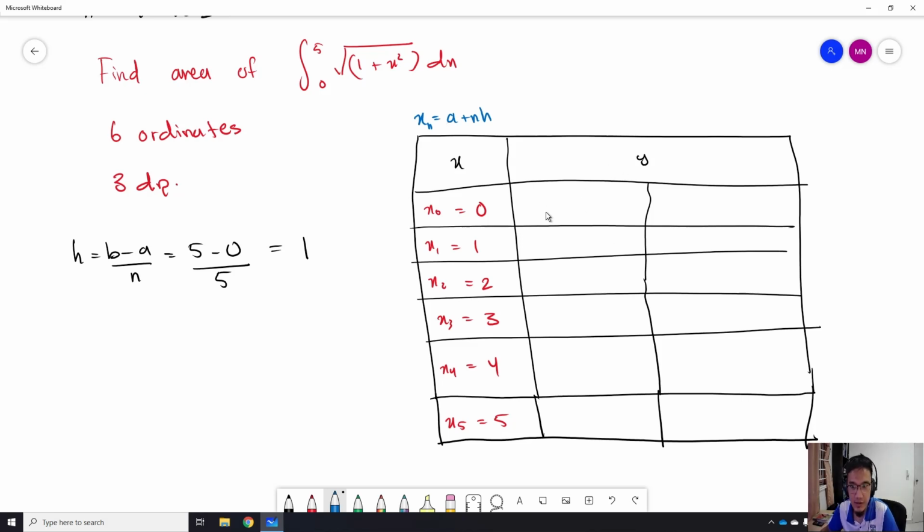For y, we substitute our values of x into our function, so that we have 1 for x0, and then square root of 2, square root of 5, square root of 10, square root of 17, and then square root of 26. Why do we separate these into two different columns? Because the right one will be multiplied by 2. You can refer to the formula: it will be multiplied by 2, and the left one is not multiplied by 2.